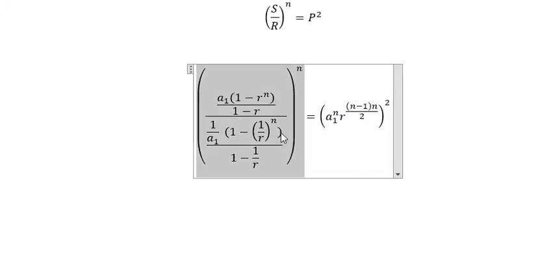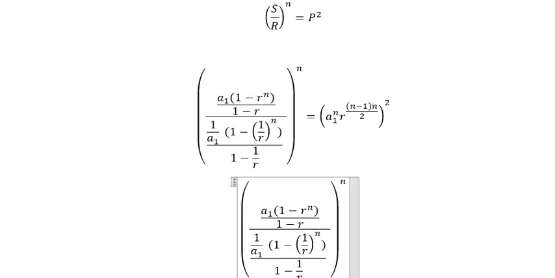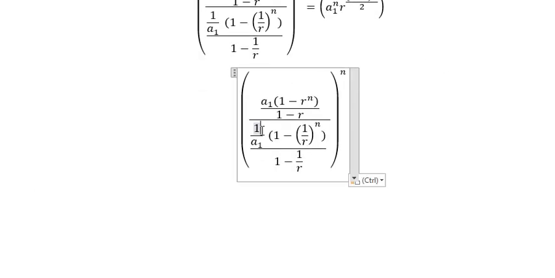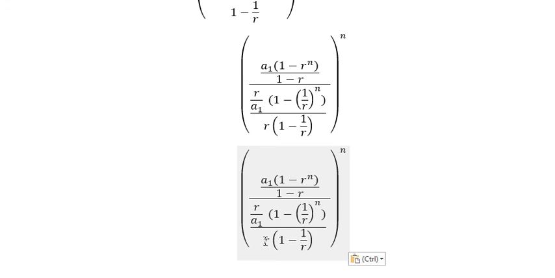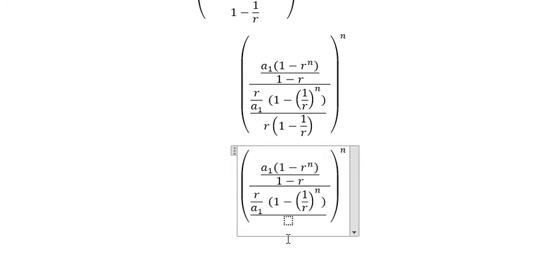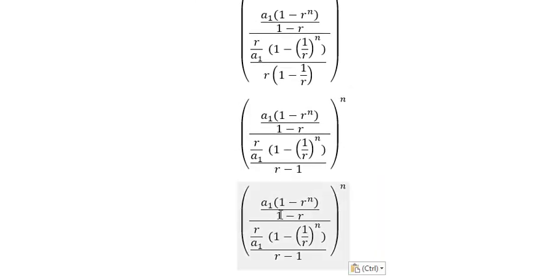So for this one, I will multiply by r on the numerator and denominator. So r multiplied by a1 and 1 minus r. So we have 1 minus r.